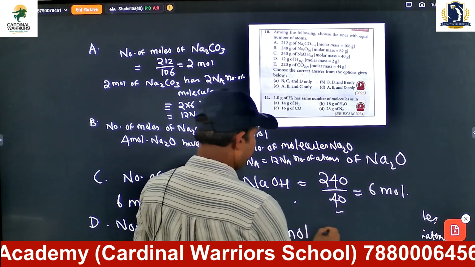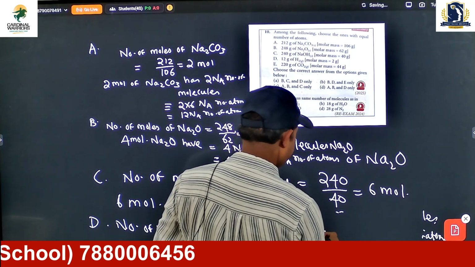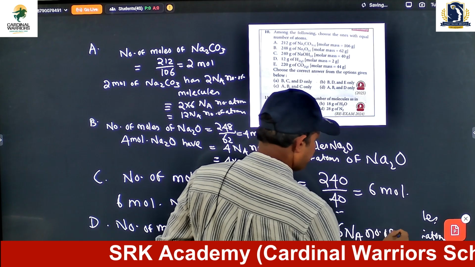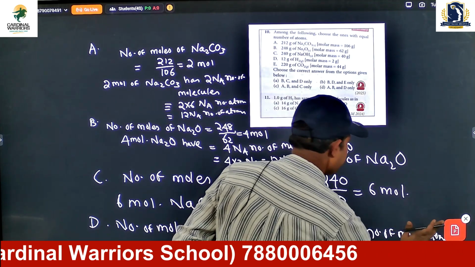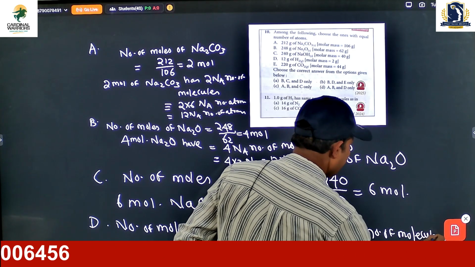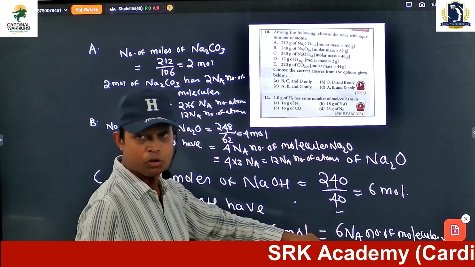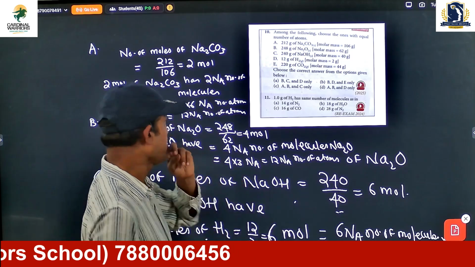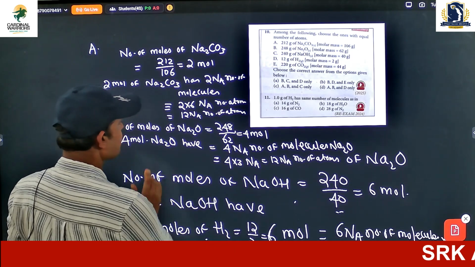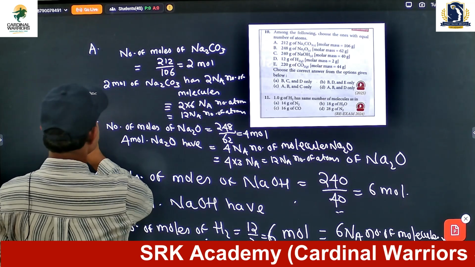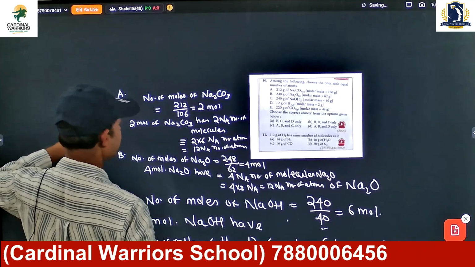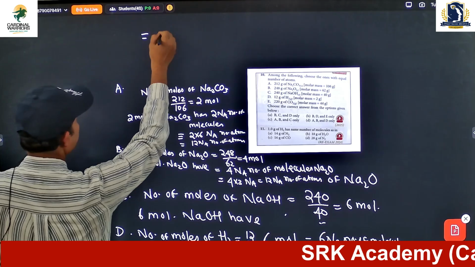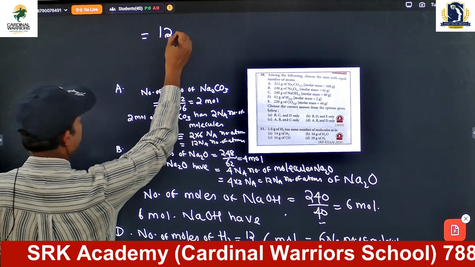And 6 mole has how many molecules? 6 into Na number of molecules. And one molecule has 2 atoms, so 6 into 2 Na number of atoms, that is equal to 12 Na number of atoms.